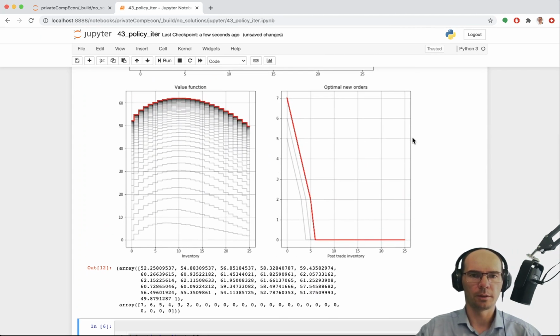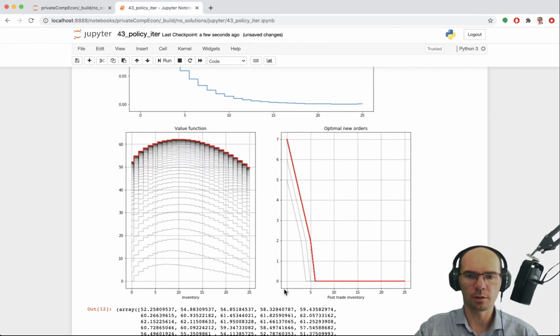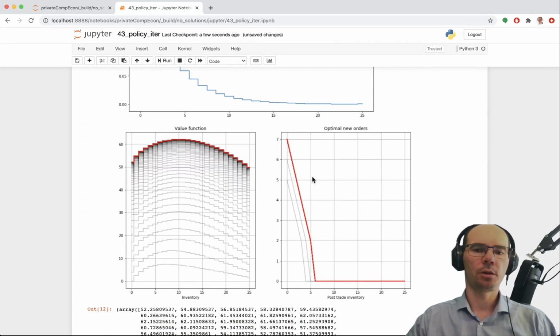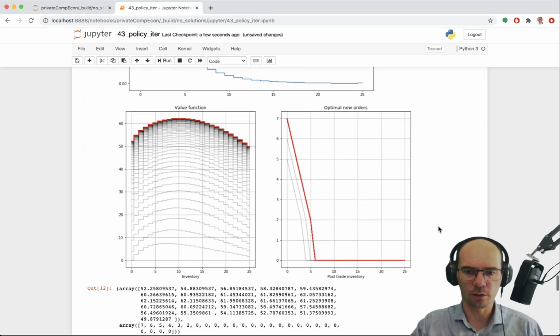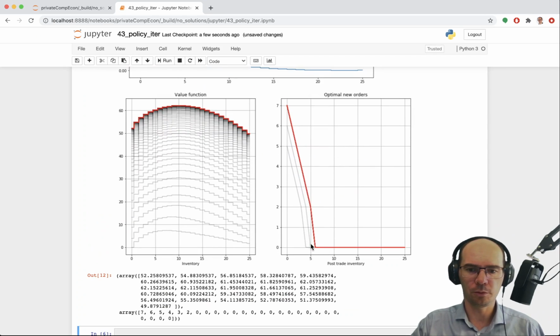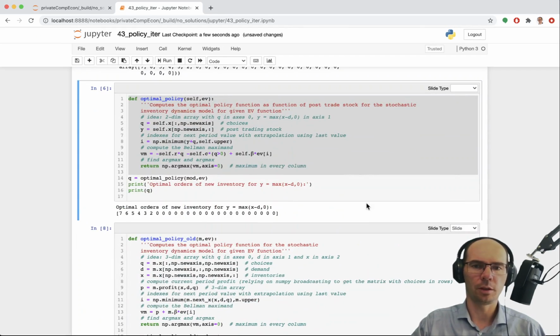Okay, here we are. You can see that the optimal policy didn't change all that much, so it is 2 for 5 and 0 for 6, and that's what we had here.